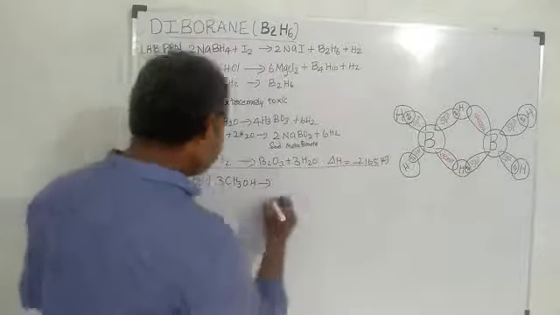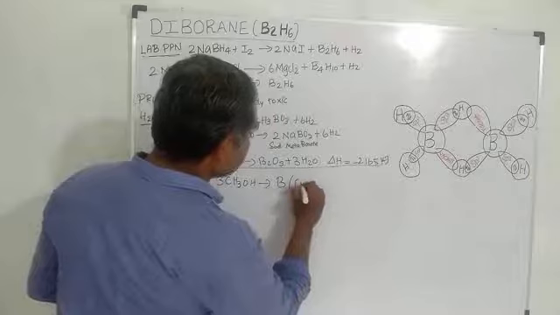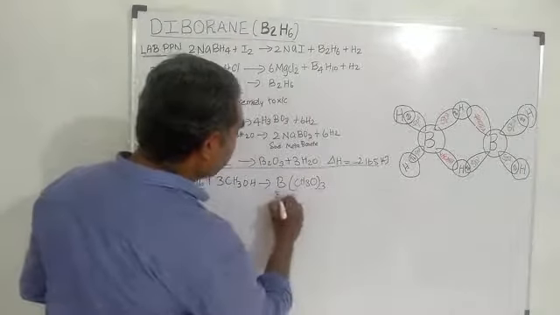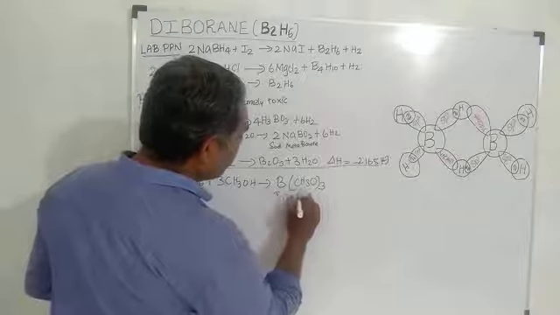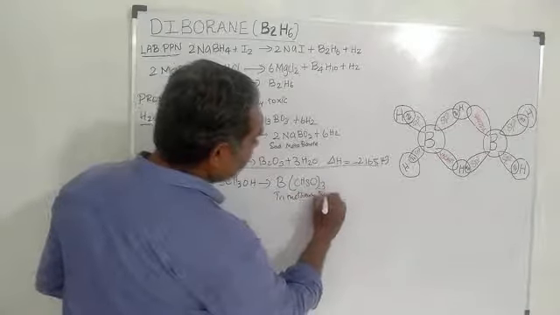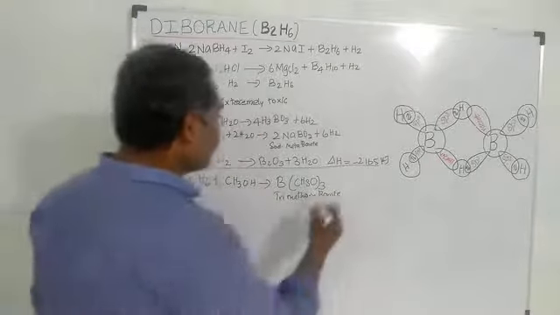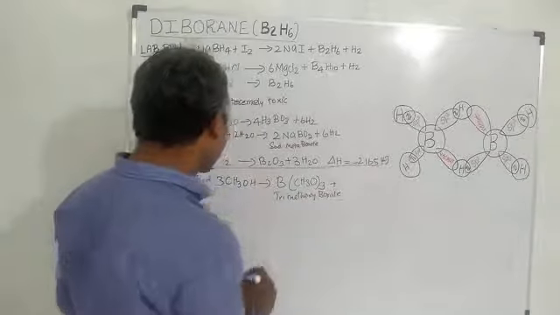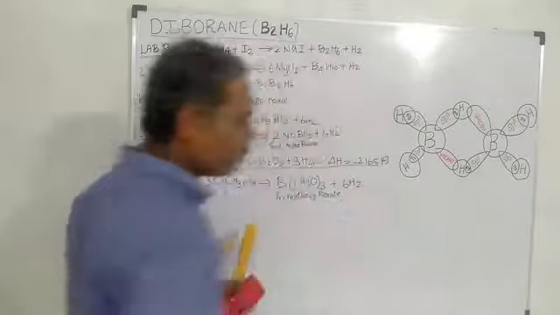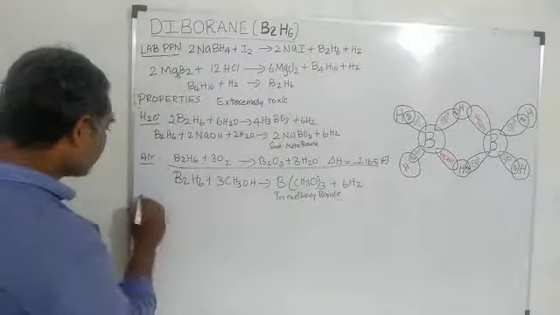We get trimethoxyborate as the product, and 6H2.